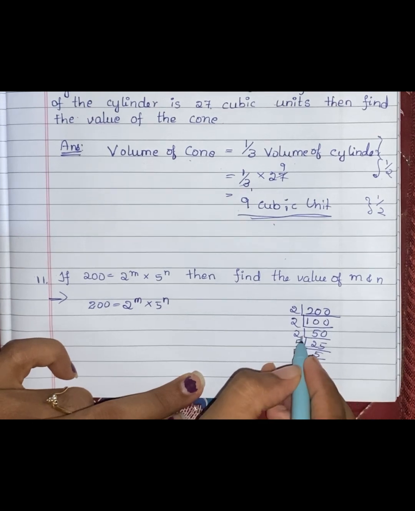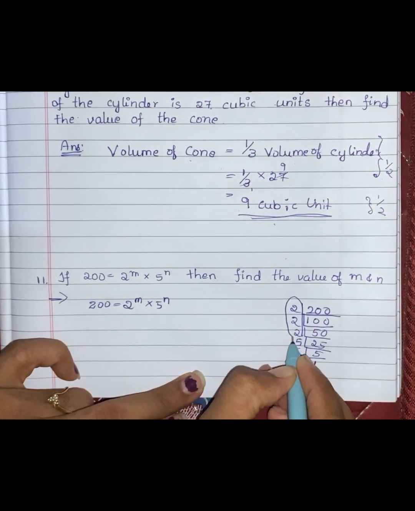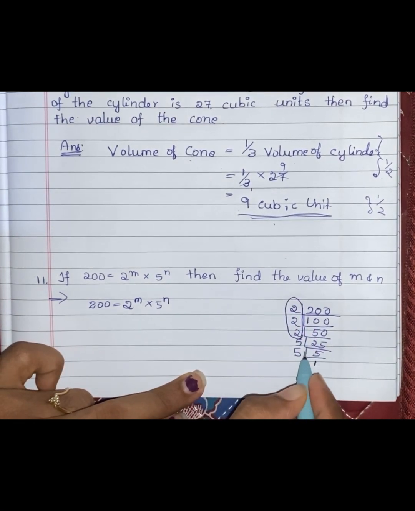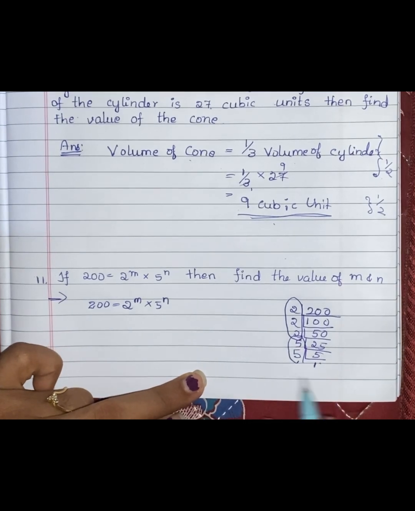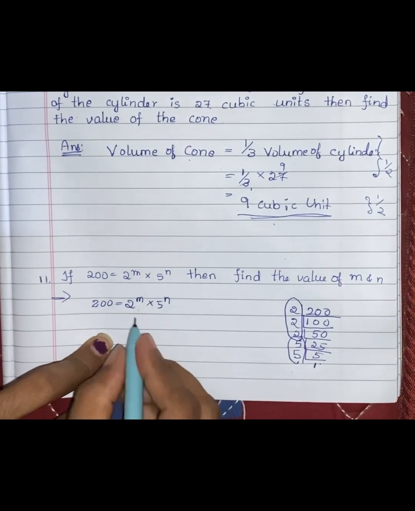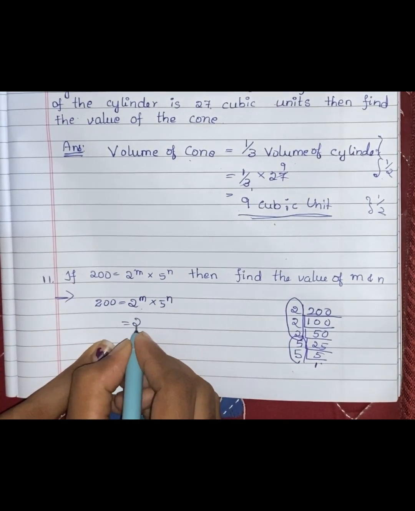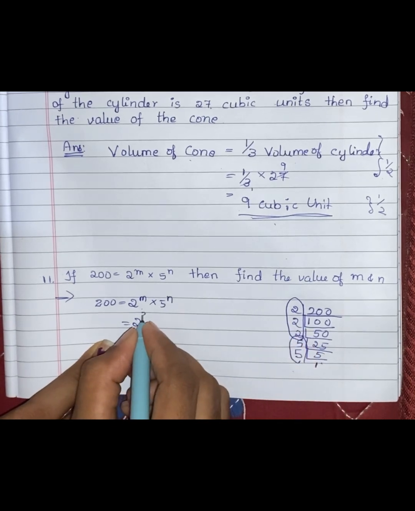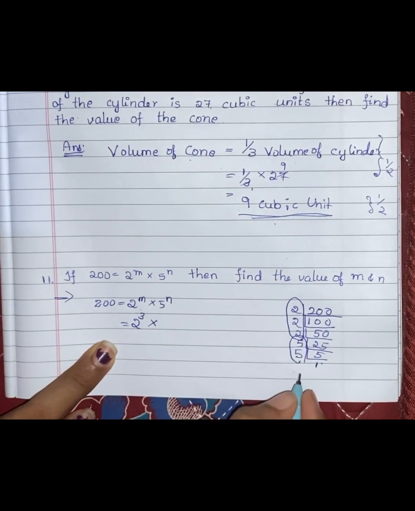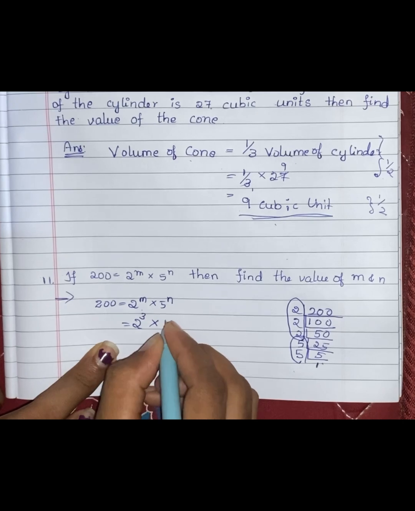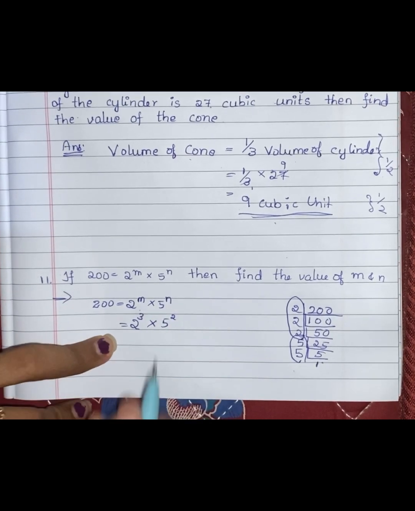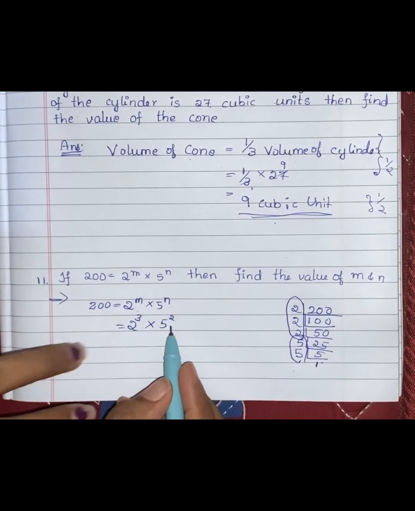So now we have 3 twos and 2 fives. So we need to write the values here. That is, how many 2s we have? 3, into how many 5s we have? 2. Okay, so in the place of m and n, we have 3 and 2.